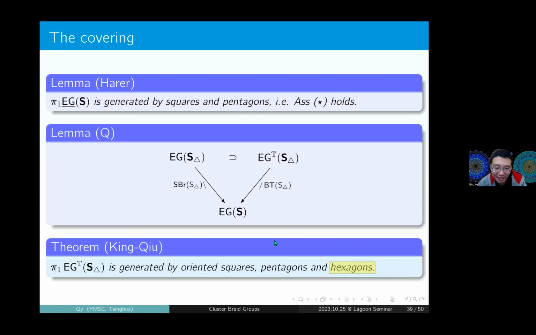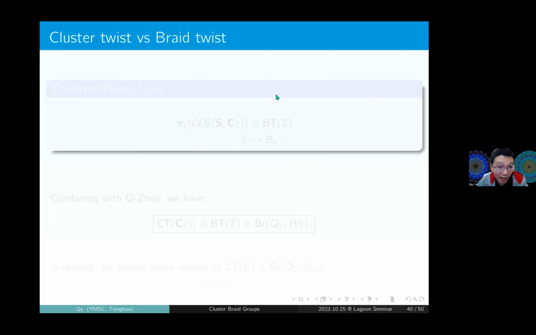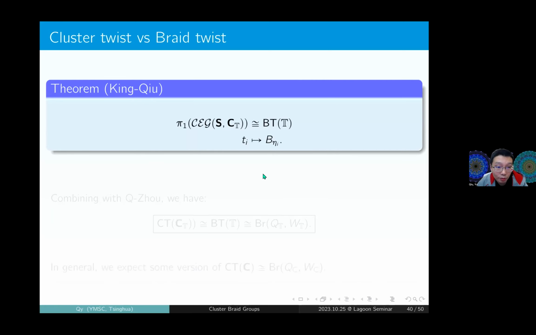Yeah, so that's one of the key things we have. And because of that, we can prove the cluster braid group, which is the whole pi 1 here, is the braid twist group I introduced before.